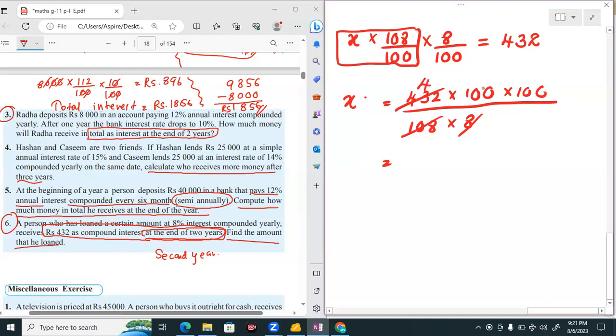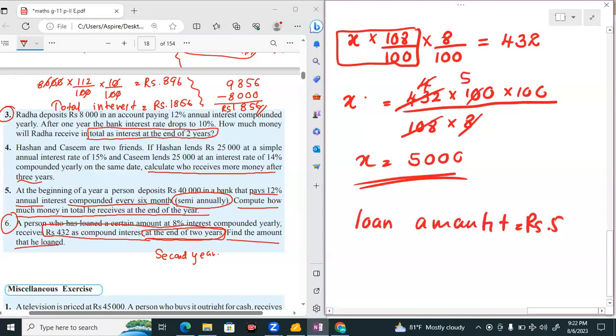Then 40 divided by 8 is 5. Then the answer is 5,000. That means loan amount equals 5,000 rupees. Okay.